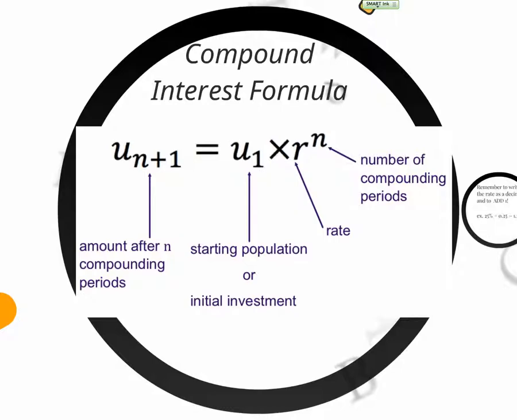So that stuff should seem familiar. n is the number of compounding periods. We will look at some examples that are mostly in years, but if we're looking at like population growth over a certain amount of years, n would be the number of years. And so when we use this formula, we'll be able to figure out how much we have after a certain amount of time.